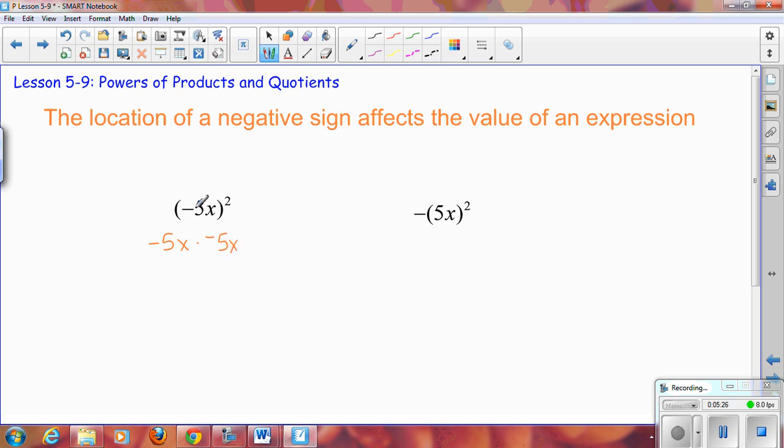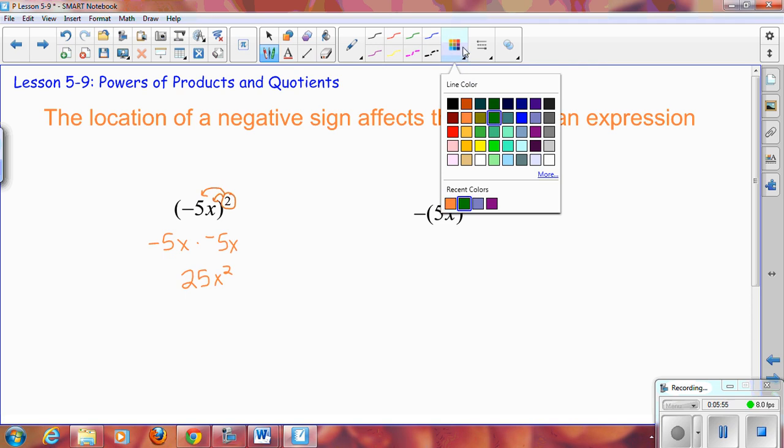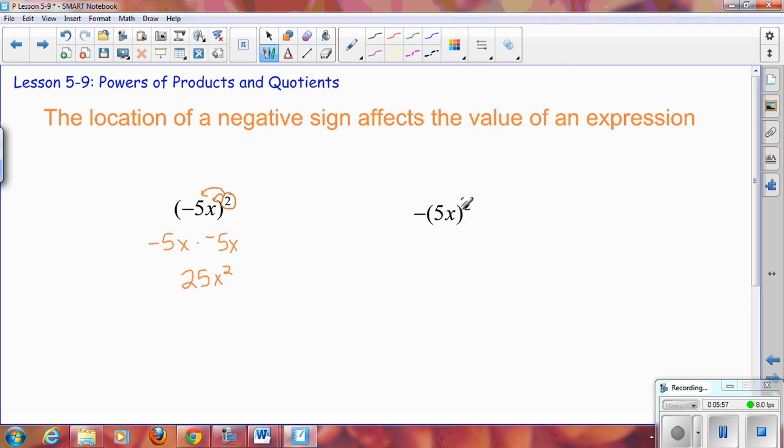The whole thing is being multiplied twice. Negative 5 times negative 5 is 25, and x times x is x squared. So we take this squared and we apply it to the negative 5 and to the x, not just to the 5.